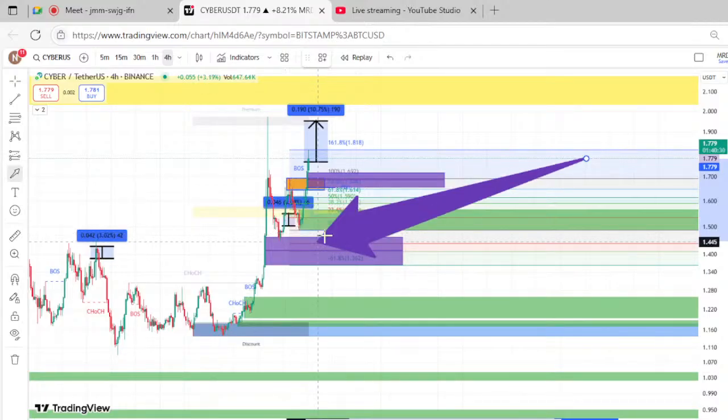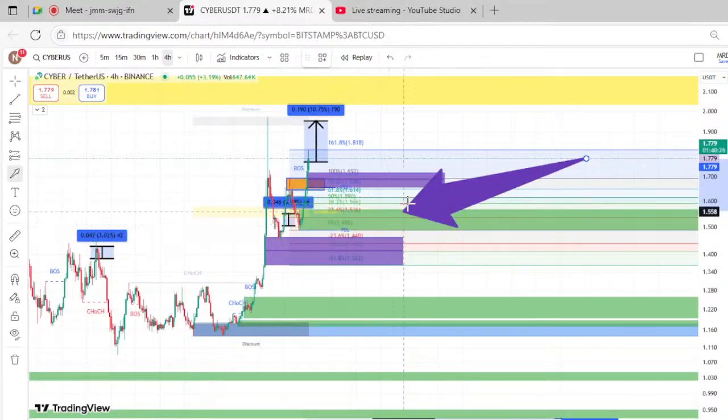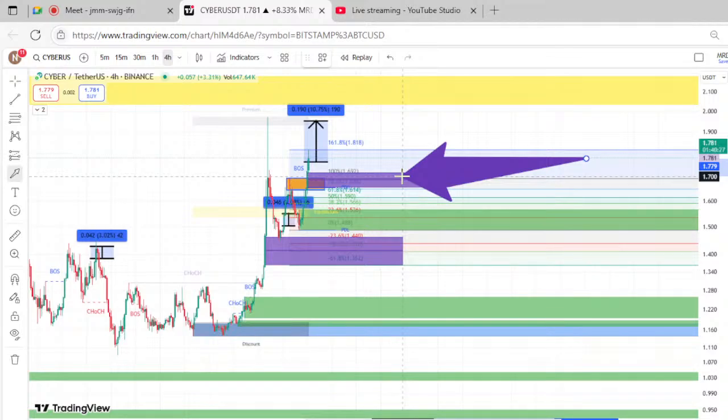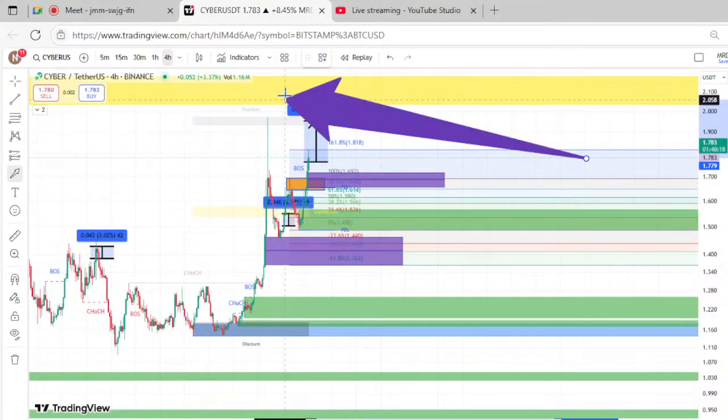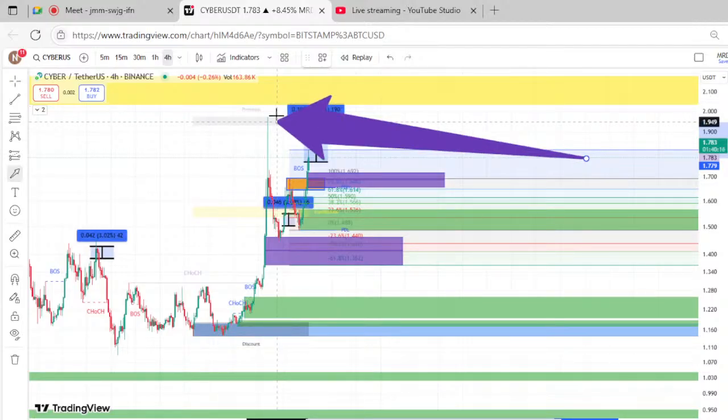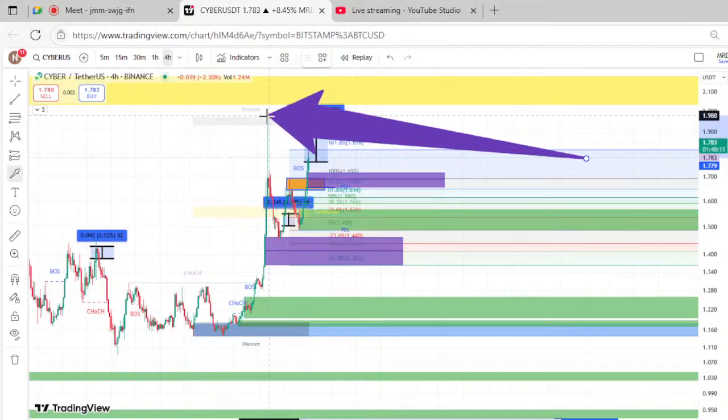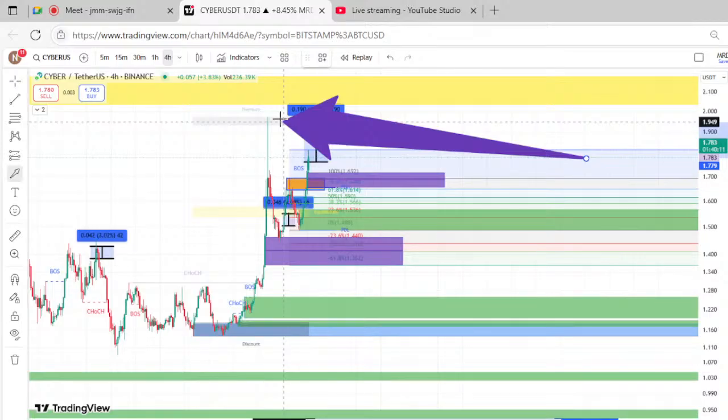Okay, now meaning we have this block which is having the fair value gap, and I told you the powerful one is with the fair value gap above the block which is still valid. Okay, now we are looking forward to break the previous high, and the previous high is this one.